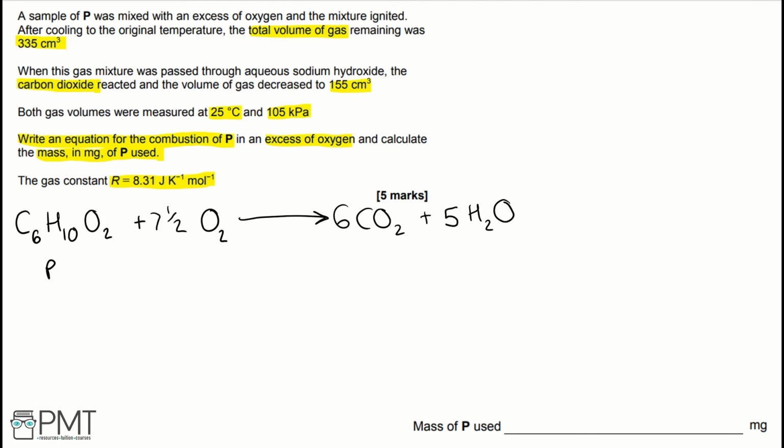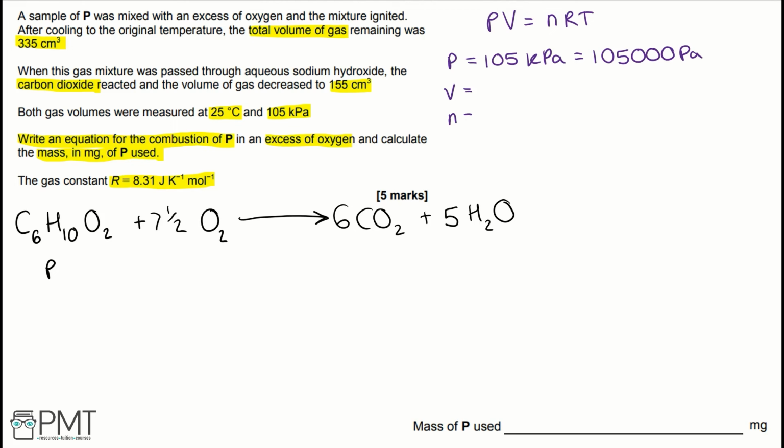So we're going to use the equation PV equals nRT. So P is pressure, which is 105 kilopascals, which we then convert into pascals, which is 105,000 pascals. Then we have V, which is volume, which we'll calculate.